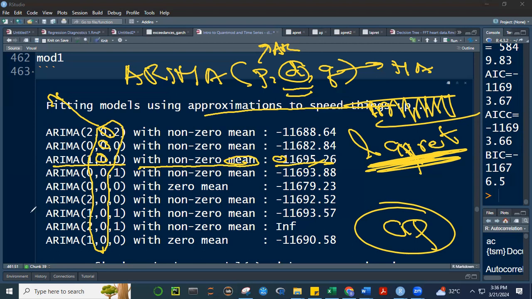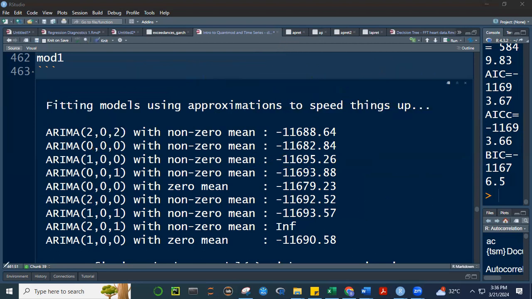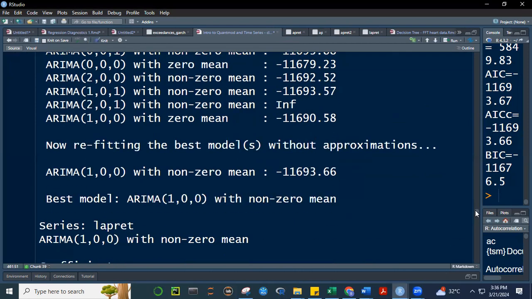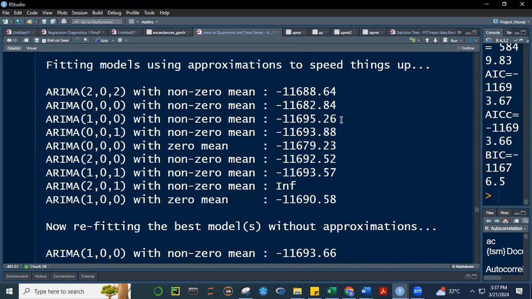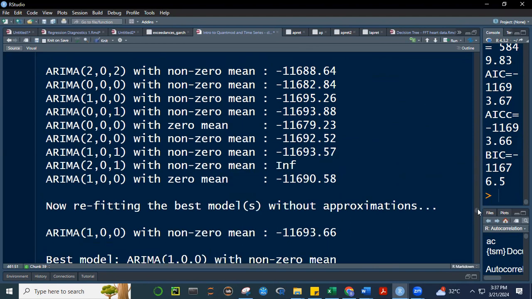Okay, let me delete these drawings and go down here. Then it finalizes here. Now it remodels, class, without the approximations. Look, initially the AIC was 11,695. Now it's just 11,693, without the approximations, since that was only approximate.